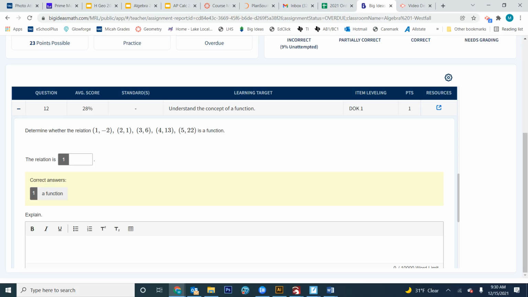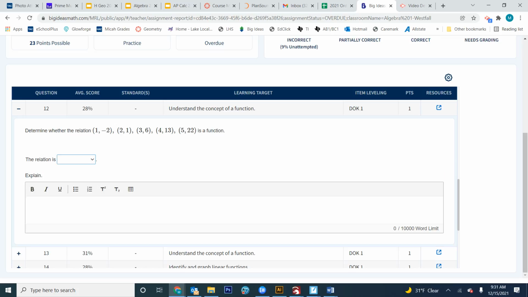Okay, what's it say? It says, determine whether these 1, 2, 3, 4, 5 coordinate points, is that a function? All we have to do is see if any of the x values are the same. If any of the x values are the same, then it's not a function. Look, 1, 2, 3, 4, 5. Okay, is it a function? Yeah. So you just put this relation is a function.